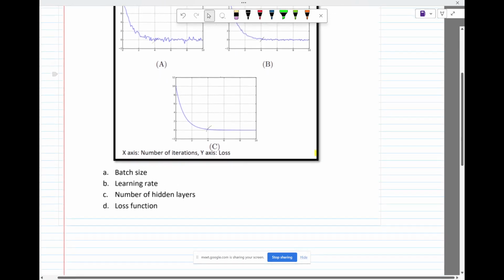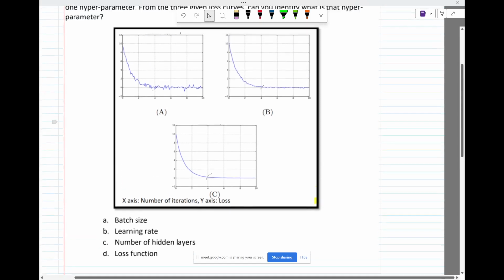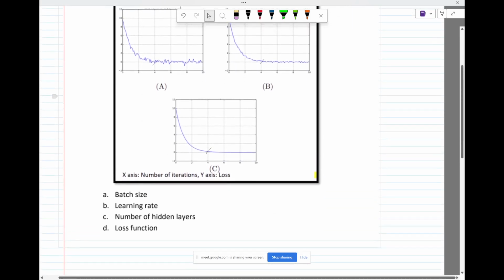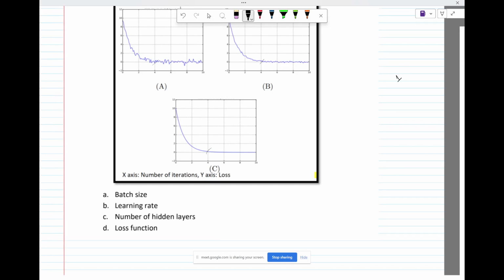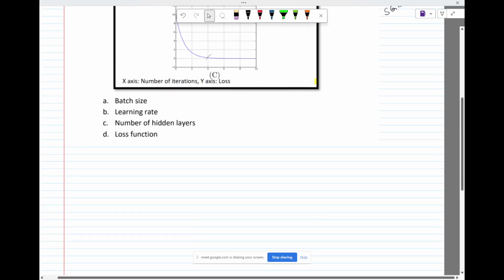So the options given are batch size, learning rate, number of hidden layers, loss function. So if you change the batch size, what will happen is if you are using batch size of 1, then it will cause a lot of jitter because you are basically doing stochastic gradient descent.